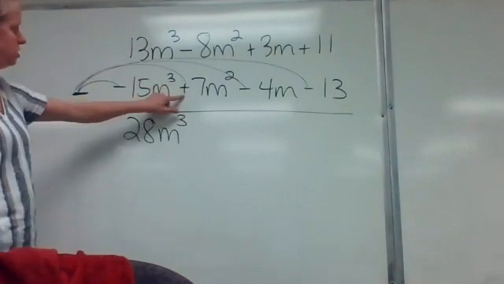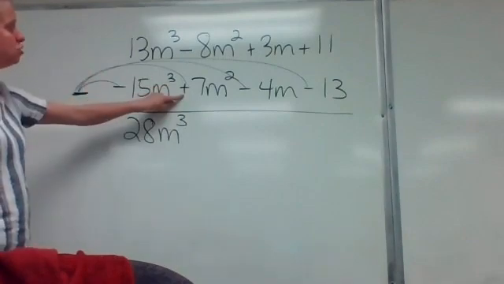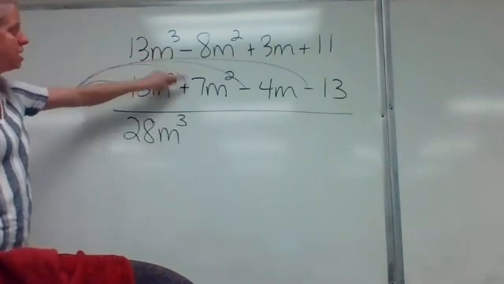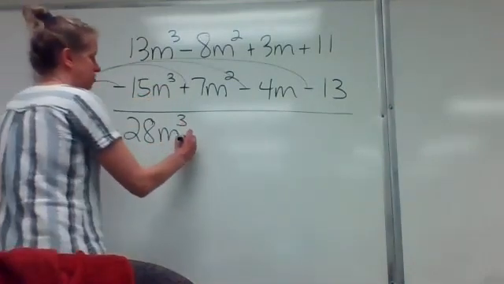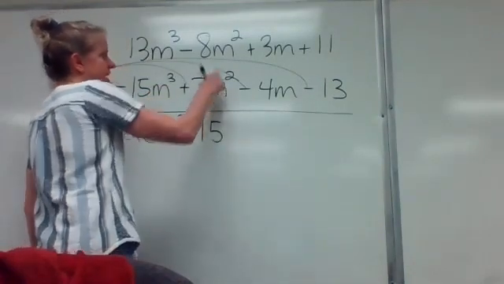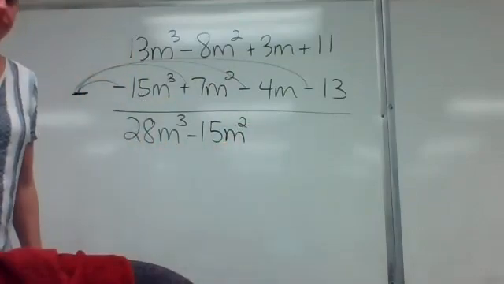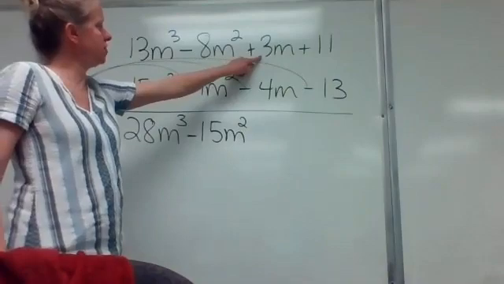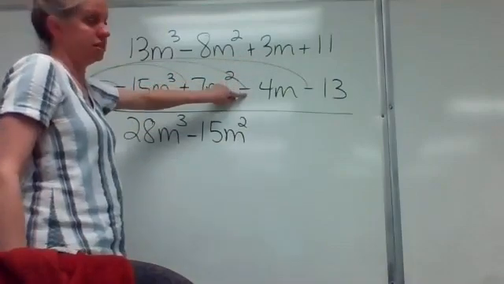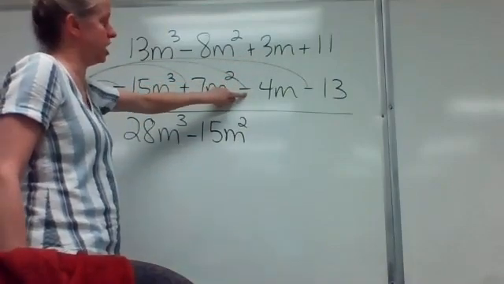So what does it turn this one into? Since it's a plus, it turns it into a minus. So you've got negative 8 minus 7, which gives me negative 15, and those are m squared. Here you've got a 3. This changes the sign, so it turns that into a plus.